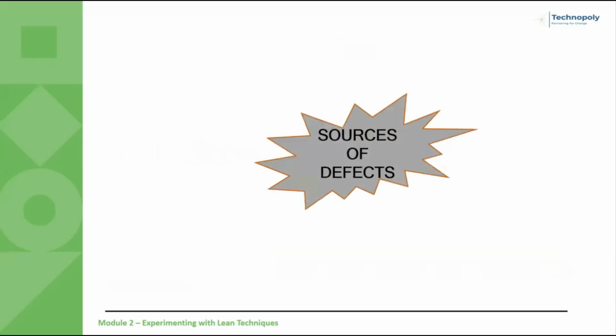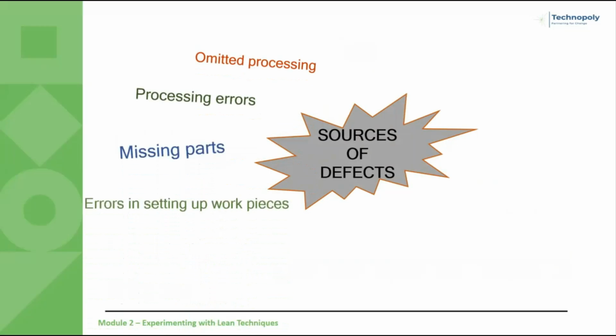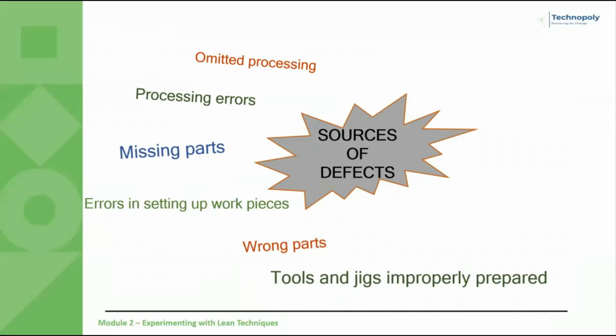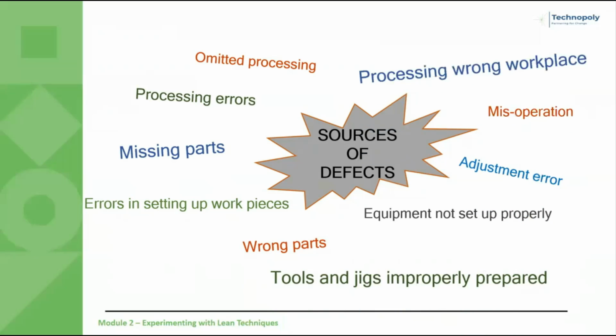Here are some sources of defects: omitted processing, processing errors, missing parts, errors in setting up work pieces, wrong parts, tools and jigs improperly prepared, equipment not set up properly, an adjustment error, a misoperation, even processing in the wrong workplace.